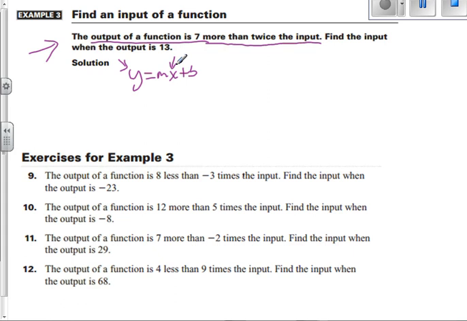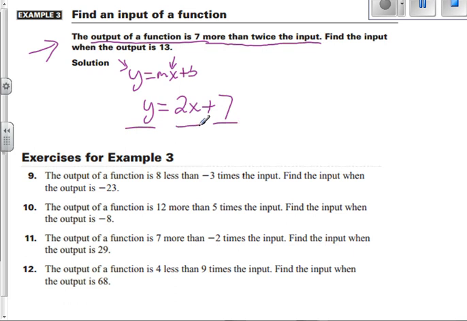So the output of a function, y, is equal to 7 more than twice the input. So that would be 2x plus 7. Okay, so we have y is equal to 2x plus 7. The output is 7 more than twice the input.